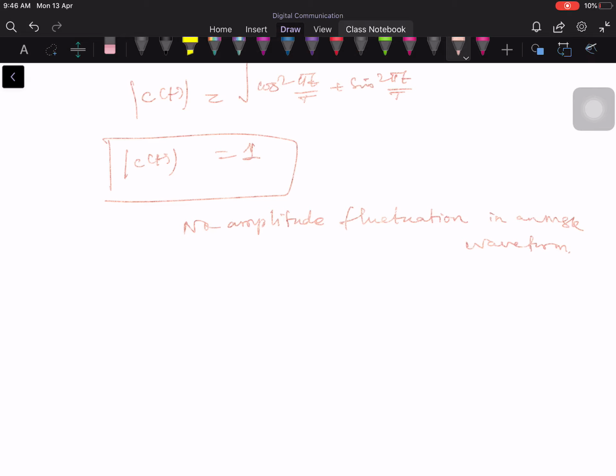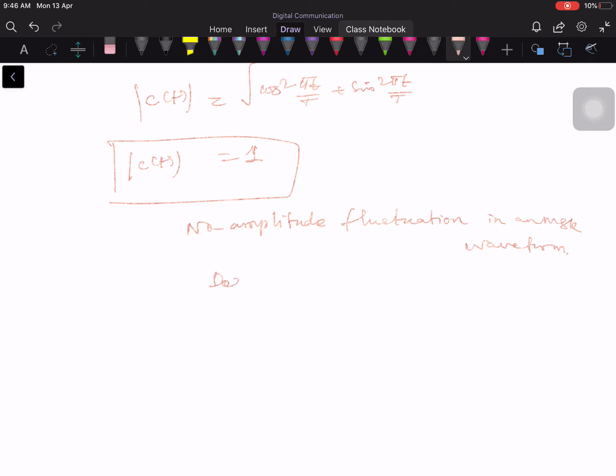Now that is a very desirable property in any digital modulation waveform, because the MSK will be relatively insensitive to non-linearities.